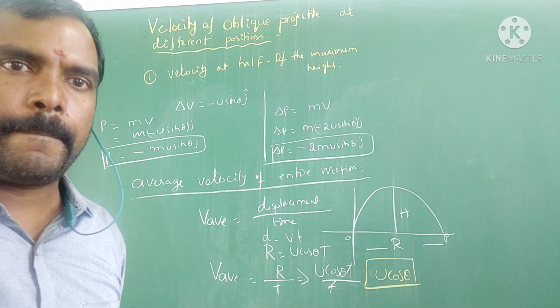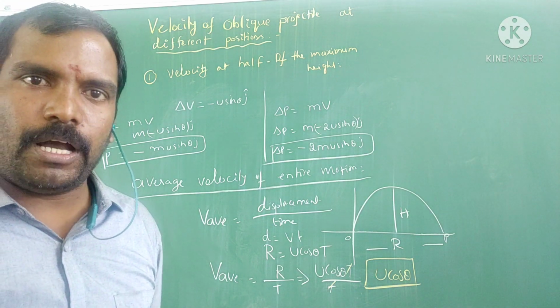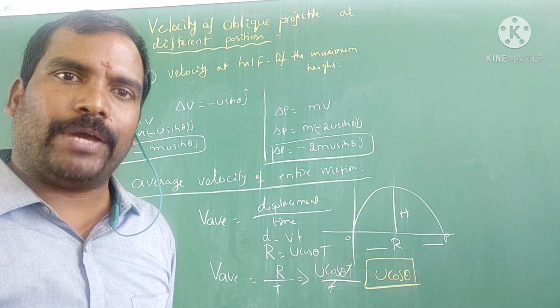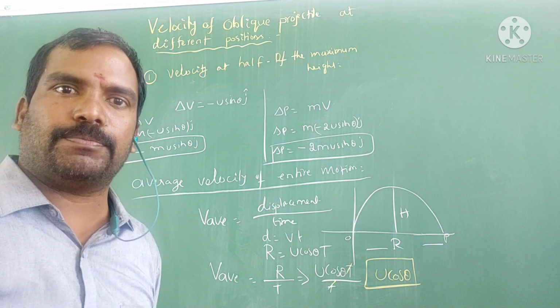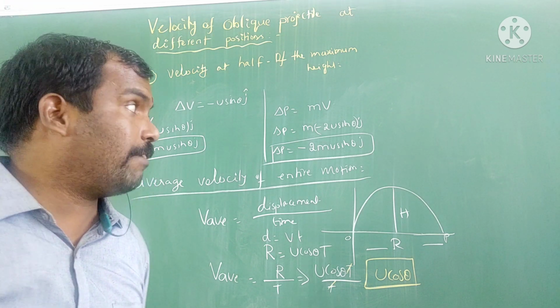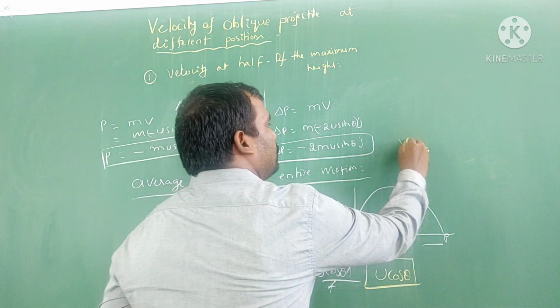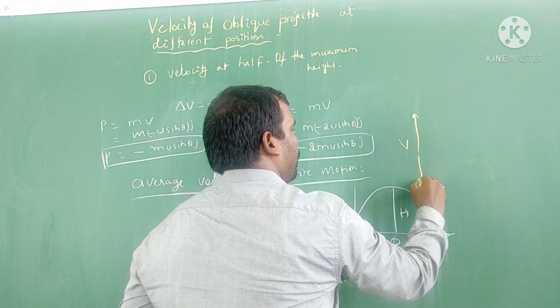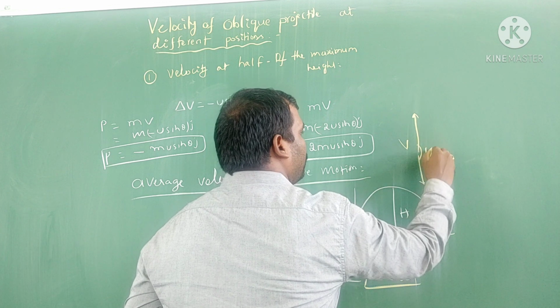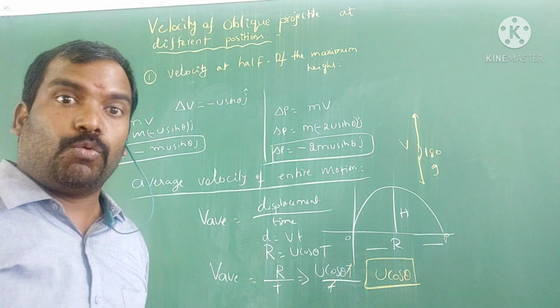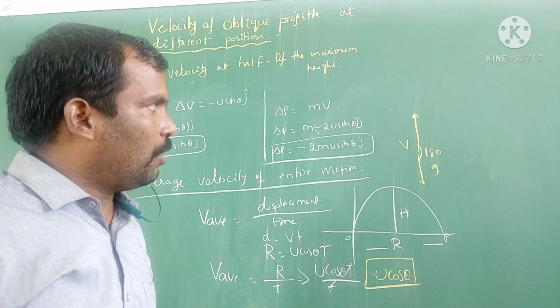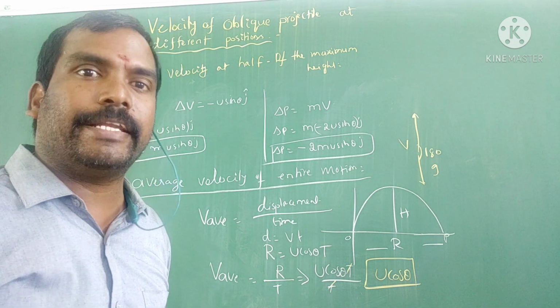Okay. When the body is moving upward, its velocity decreases. Why does it decrease? Because the velocity is upward, whereas the acceleration is downward. Here the angle between them is 180 degrees. Once it reaches the maximum height, they are at 90 degrees.